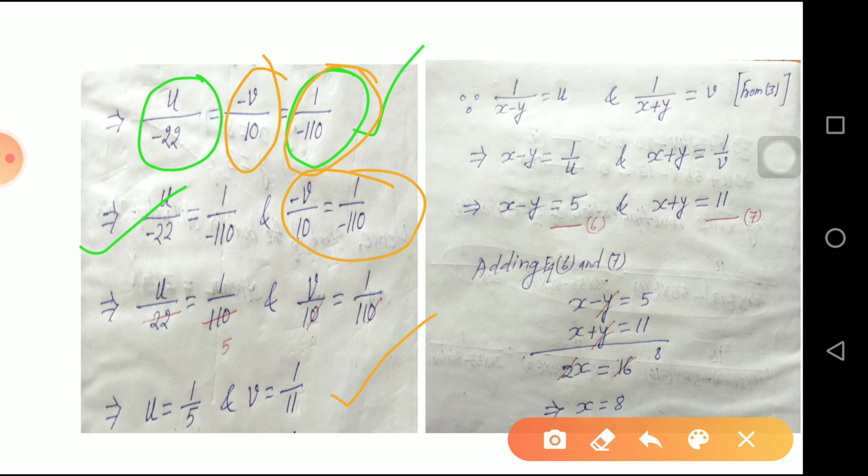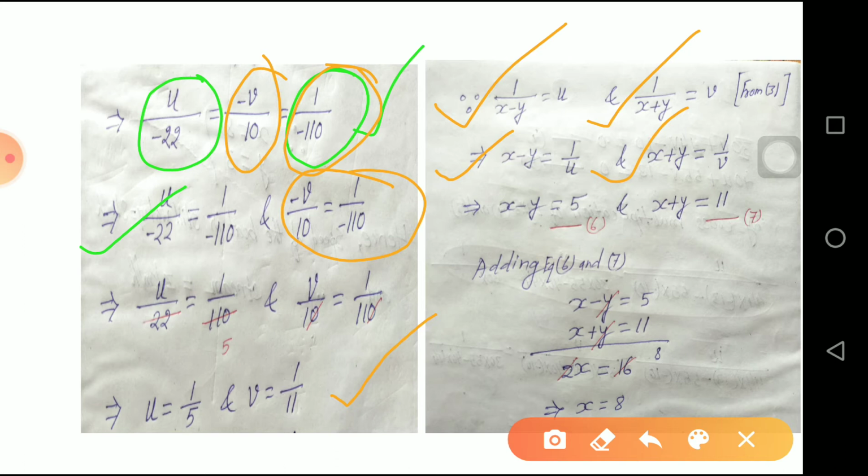What we have to find? We have to find the values of x and y. The speed of boat in still water x and speed of the stream y. Since 1 by x minus y is equal to u and 1 by x plus y is equal to v, as we supposed earlier. This implies x minus y is equal to 1 by u and x plus y is equal to 1 by v.